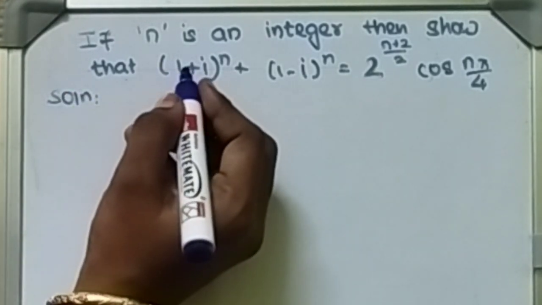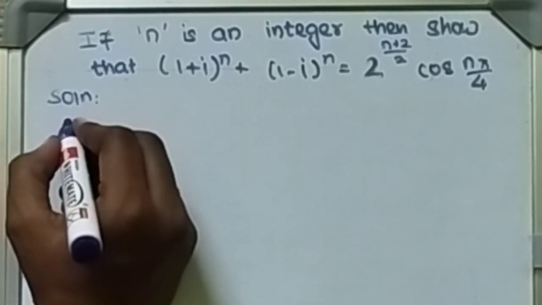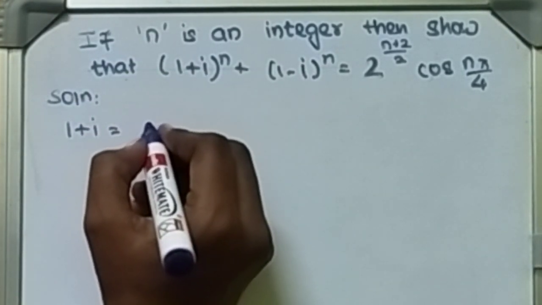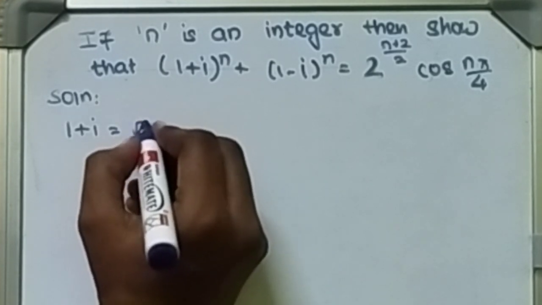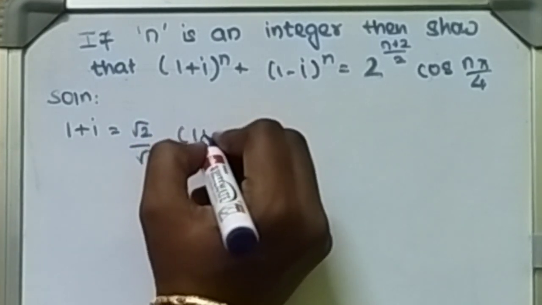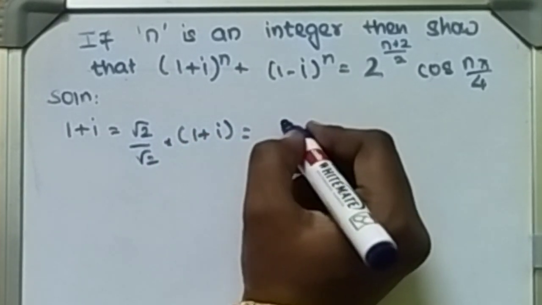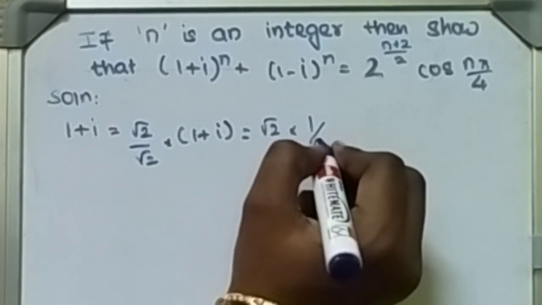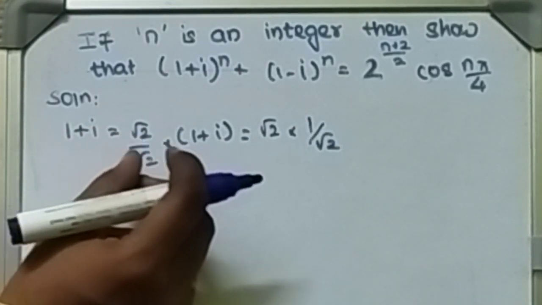Right. What are we now going to start with? Yes, 1+i, right? I am going to multiply and divide this by root 2. I am going to replace this 1 by root 2 like this. I am just separating the numerator and the denominator.